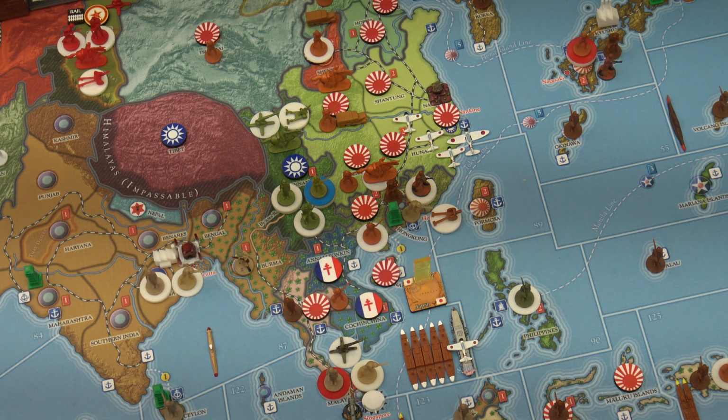You can either Lend-lease IPPs, and the rule is up to half, rounded up, of the receiving nation's current income in IPPs, not counting any bonus income.